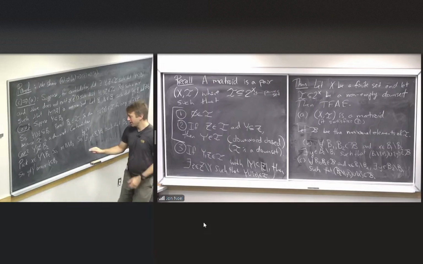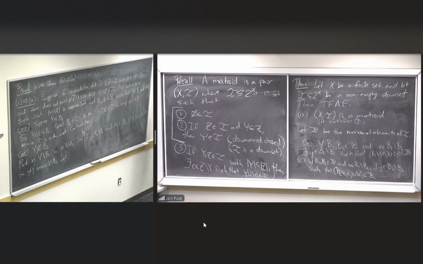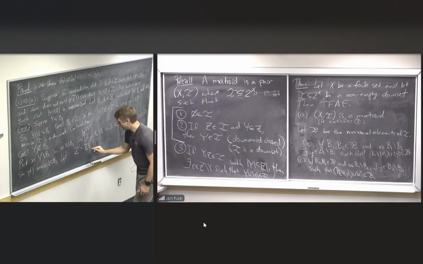It's hard to get any intuition about any of this, but if you see what's going on, like B2, take away y, add x, we're going to do that, but with z. So I'm going to take z prime to be z, take away y, and add x.